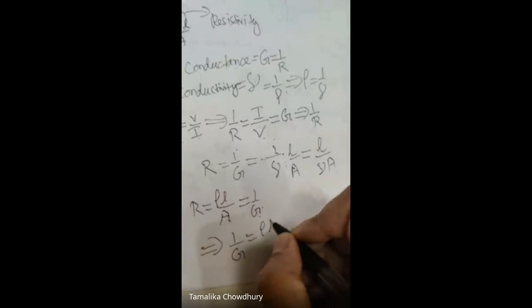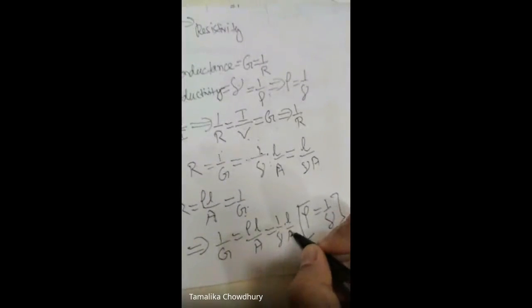So I can write 1 by G equals rho L by A, and replacing rho equals 1 by gamma, we can write here 1 by gamma into L by A. I hope you understand this.